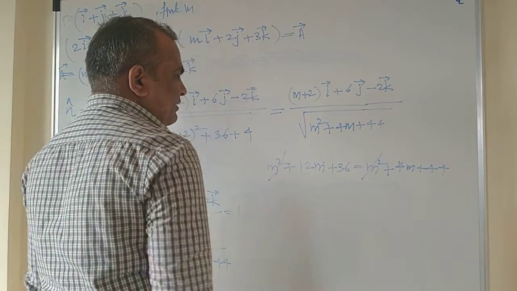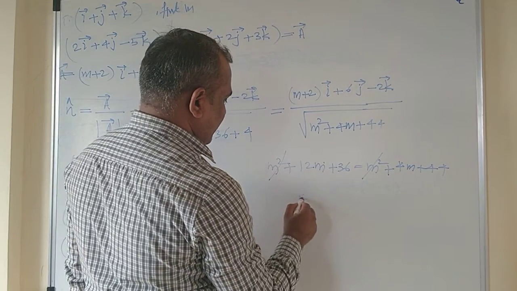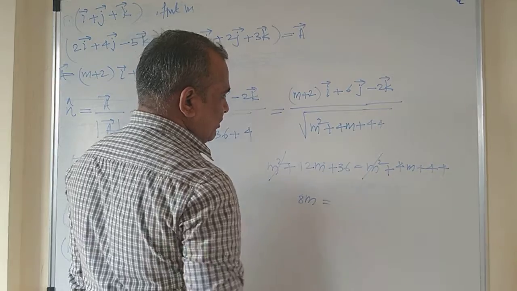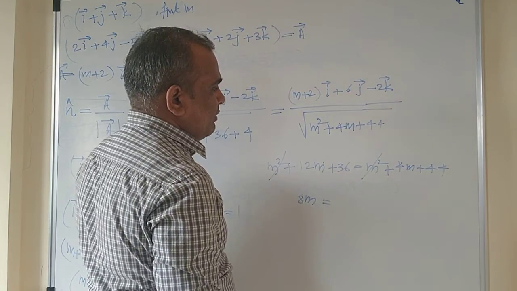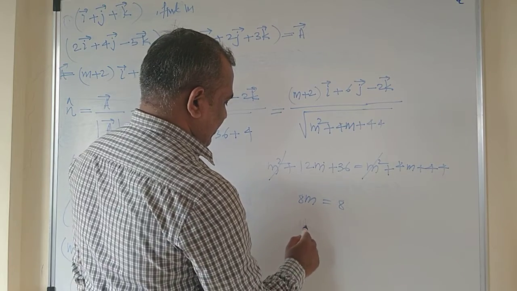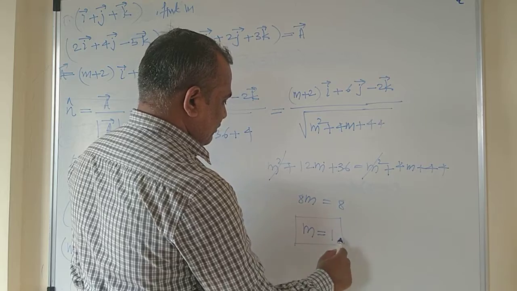Now m square gets cancelled on both sides, and 12m - 4m will be 8m. Let's shift this 36 to the other side, it becomes 44 - 36, which is 8, and the value of m is 8 by 8, equal to 1.